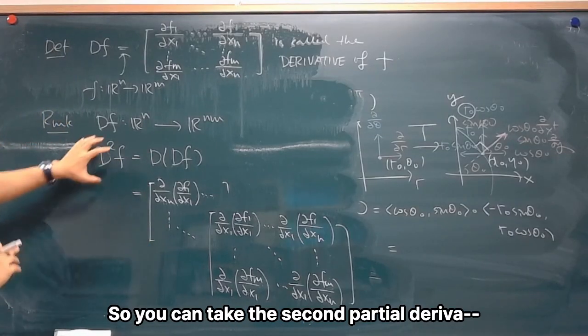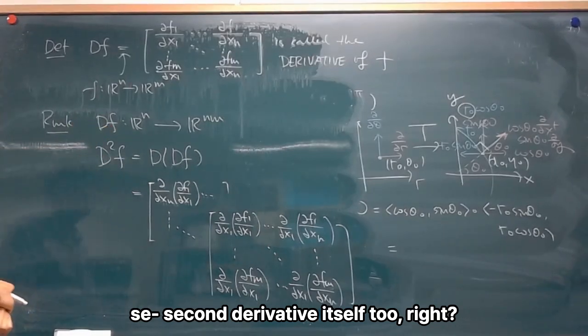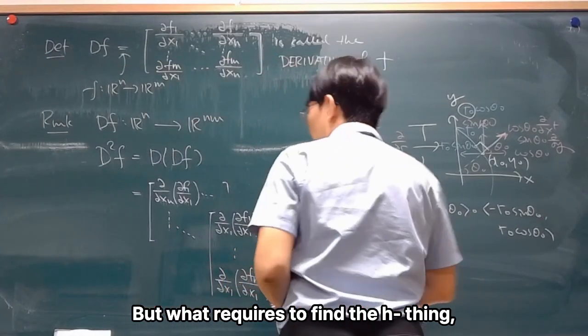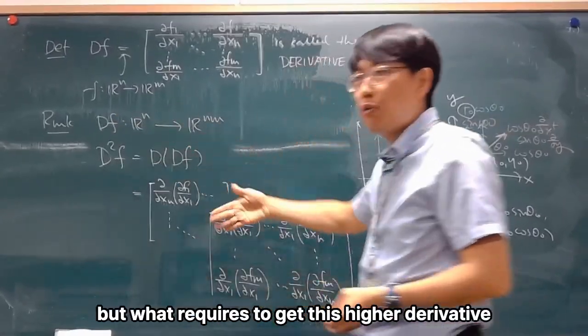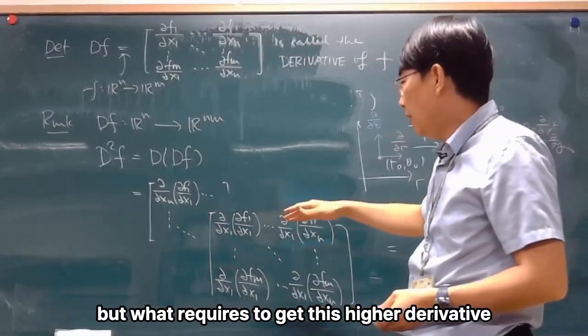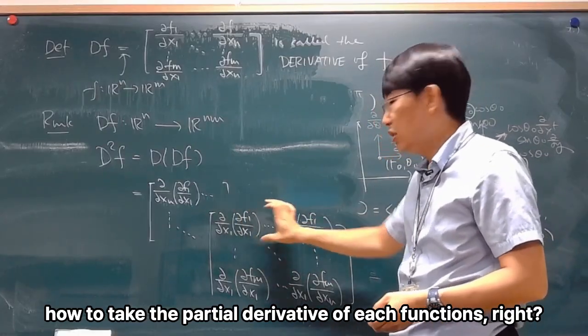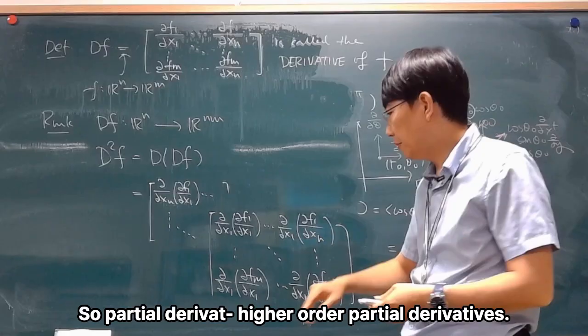You can take the second derivative, the third, the fourth, but what is required to get these higher derivatives is that you need to know how to take the partial derivative of each function. So, higher order partial derivatives.